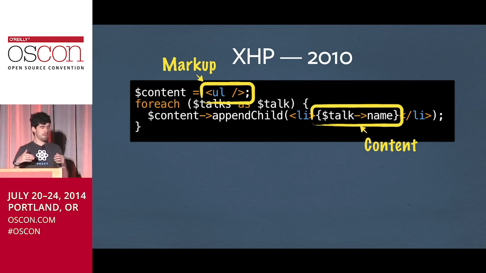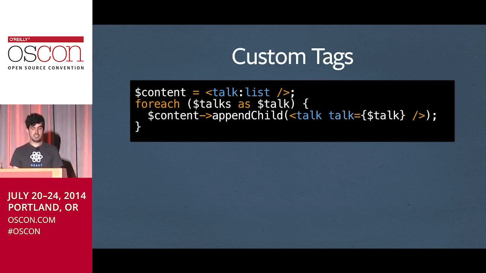And so we started writing XHP only as a security fix. And it turns out that in XHP, you can also write custom tags. For example, instead of having generic UL and LIs, you can have a talk list and a talk element. And we've built the entire Facebook website on the PHP side using this.